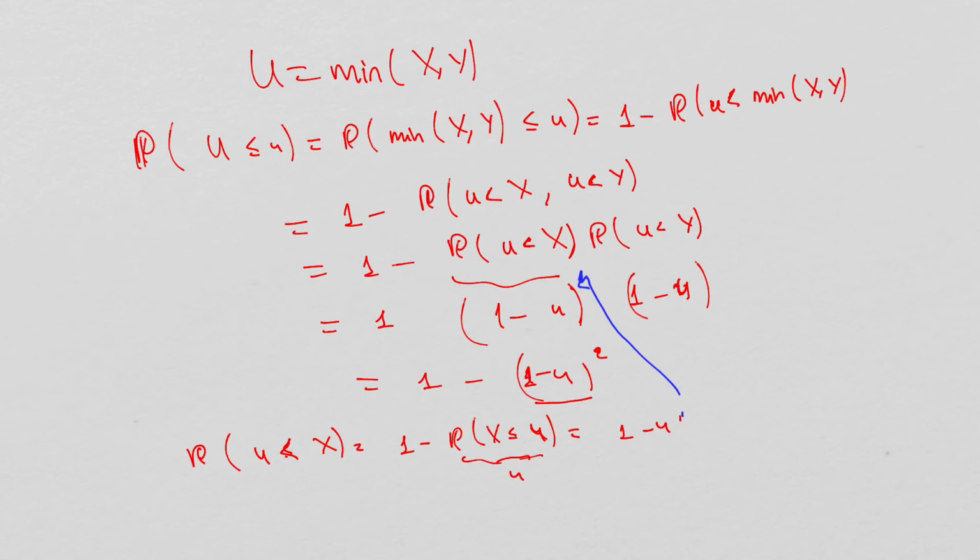Now, let me continue in the next slide to find the expectation, but before that, because this is the CDF, the cumulative distribution function, people write this as F of u like this.